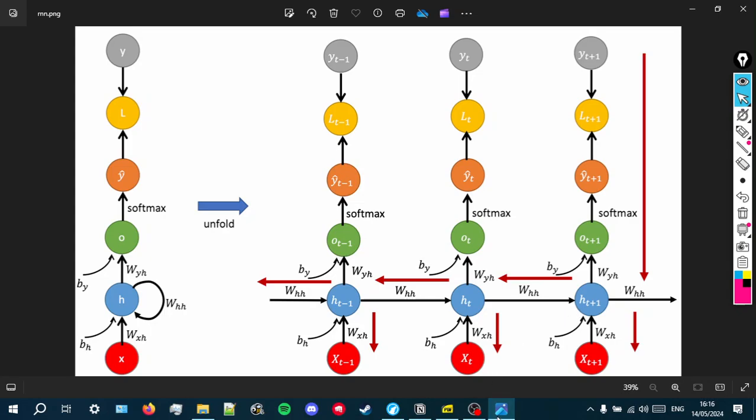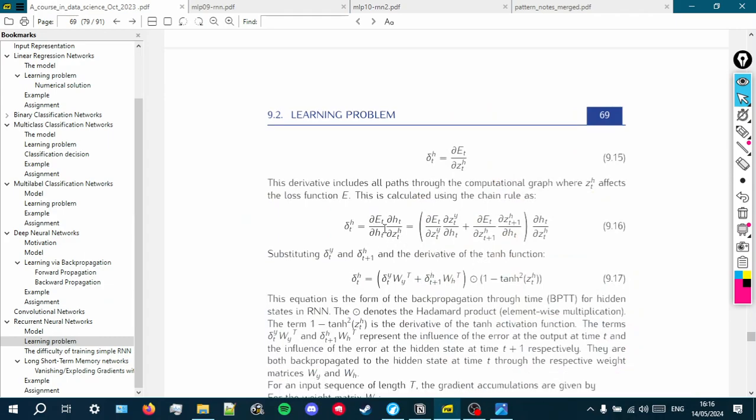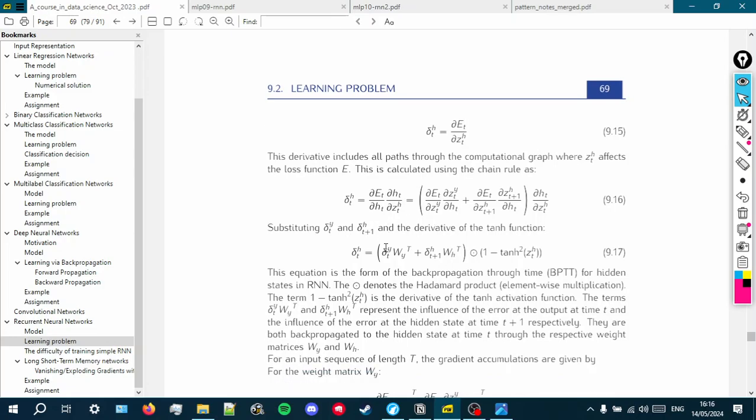So both of them have an effect, and both of them will contribute to this delta. That is why we have this addition here, and we can just do more substitution, where this part we've already calculated as delta y, and this part zy over h of t.